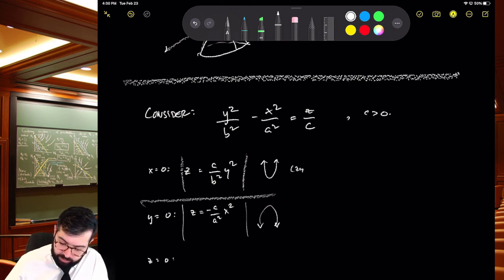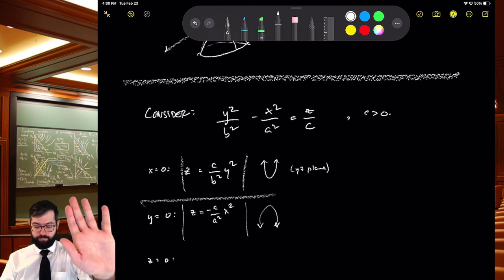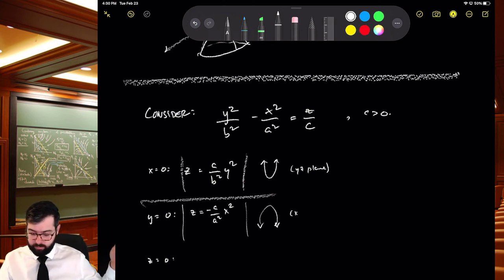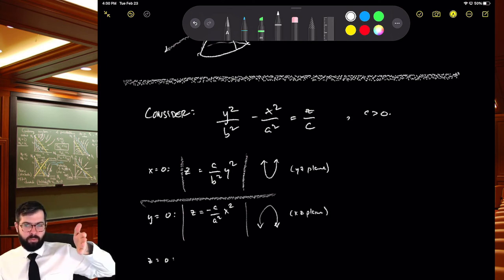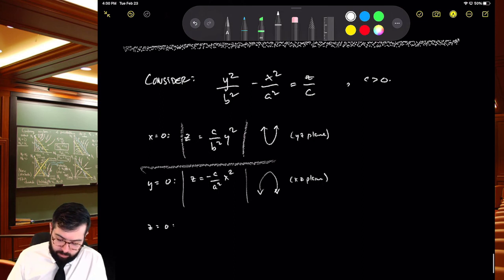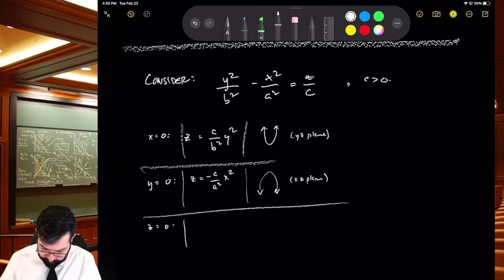So this is the yz plane. So in that front wall, side wall, downward facing parabolas. And when z equals 0 in the xz plane, we've got what?